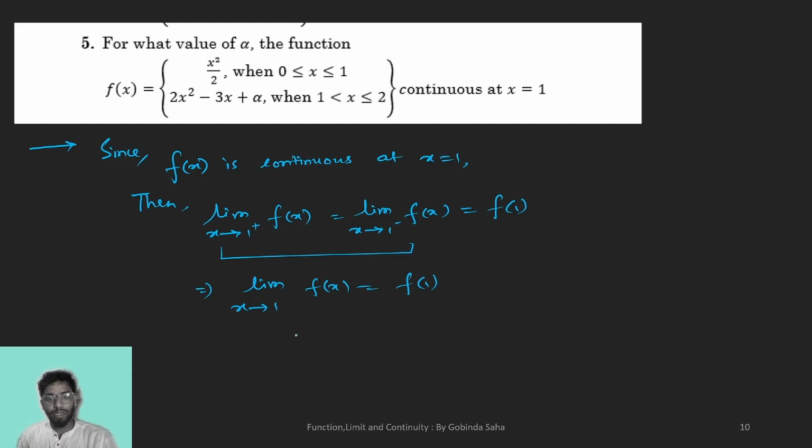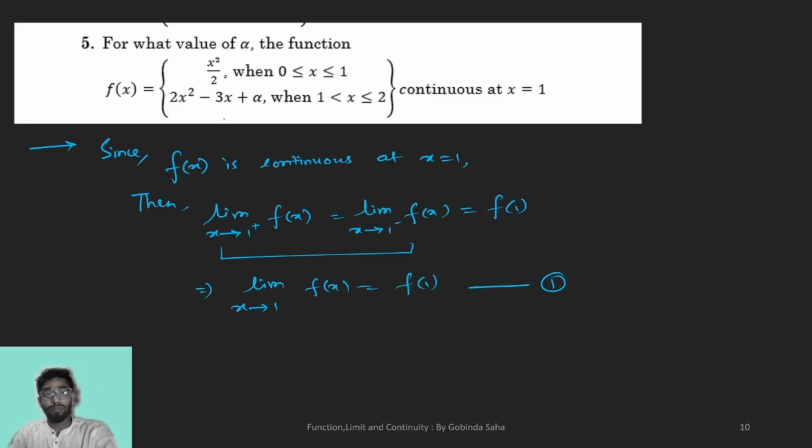Now we'll separately find the value of this limit at x equals 1. Since it is continuous, we will also find the value of f(1) and put it as 1, and try to find the limit as x tends to 1 of f(x).